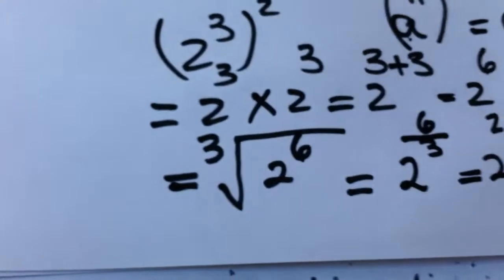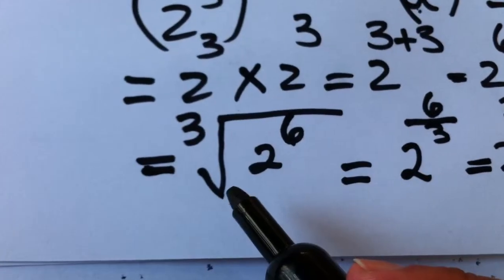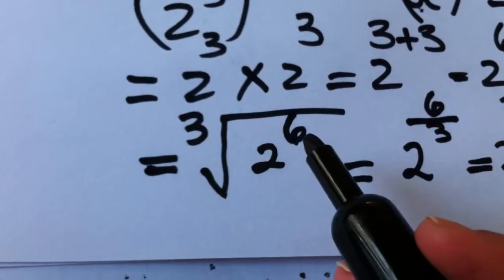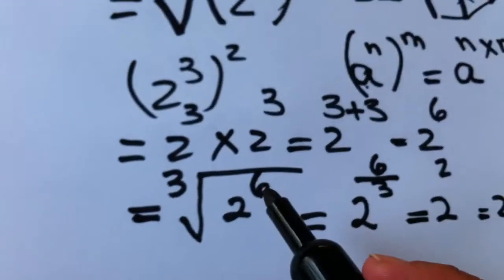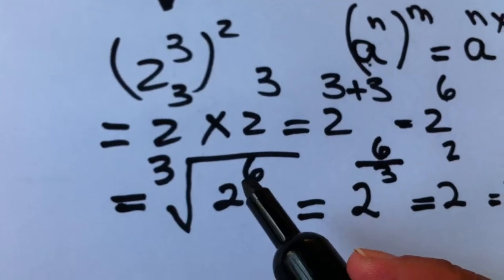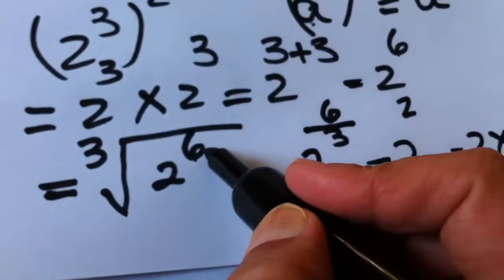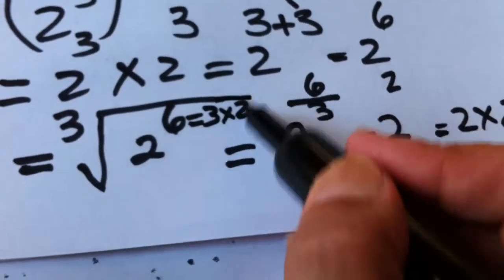Or, once we do that a couple of times, we can just look at this and say, okay, these 3 and 6 have a common factor, and it is 3. So 6 is equal to 3 times 2.